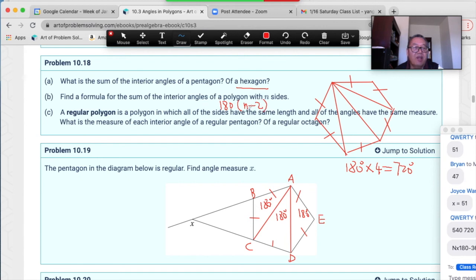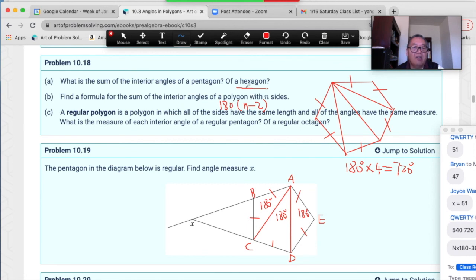You can say when n equals 3, 3 minus 2 is 1, times 180, that's for a triangle. For a quadrilateral, 4 minus 2 is 2, times 180, 360 degrees. For a pentagon, that's 5. 5 minus 2 is 3. 3 times 180 is 540.